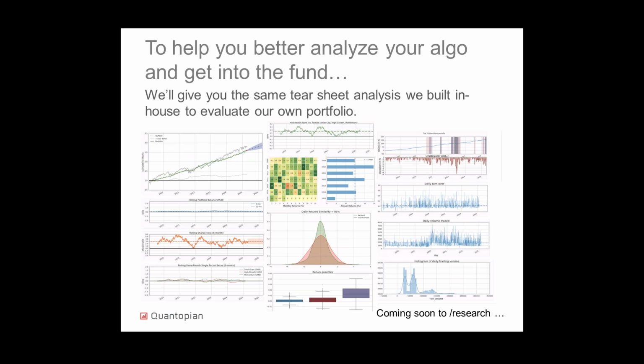I believe it's available today with an inline code module on the research platform, which I believe everybody has access to as of now. In the very near future, it's going to be available as its own open source library called Quant Risk, which you'll be able to import into research or use anywhere you want off of the platform. There's a lot of cool stuff in here. I've touched on a lot of the plots.